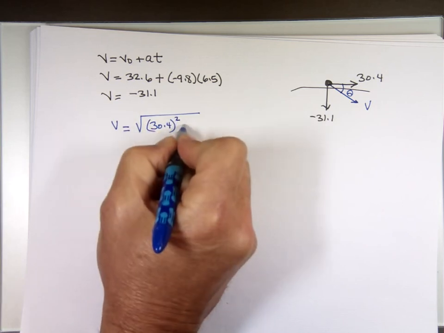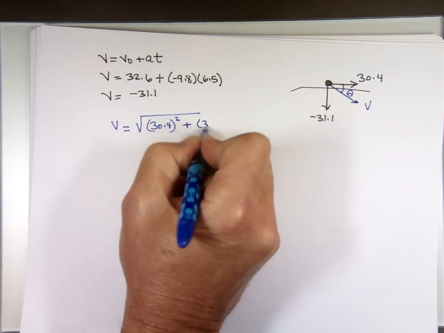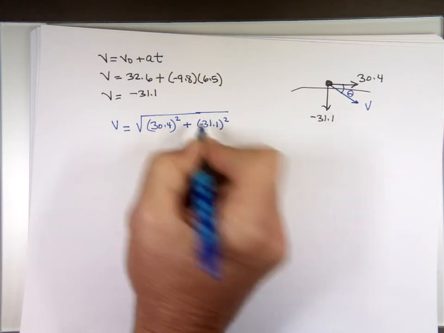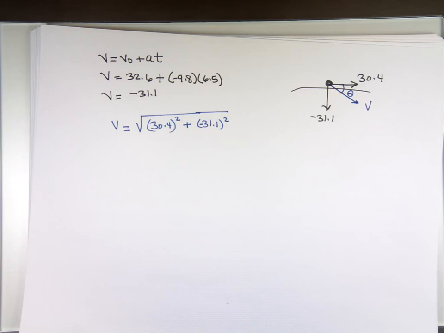Negative 31.1, yeah, when you square it becomes a plus, right? So I cheat sometimes. I don't put the minus on my calculator because I know it's going to be a plus. 30.4 squared plus 31.1 squared, 43.5.